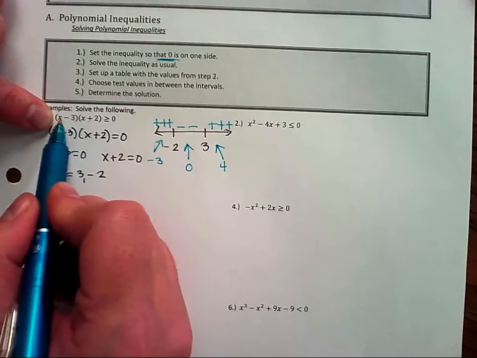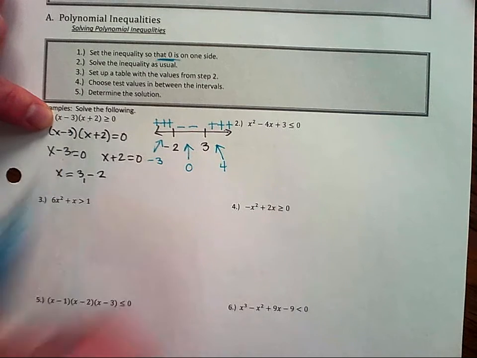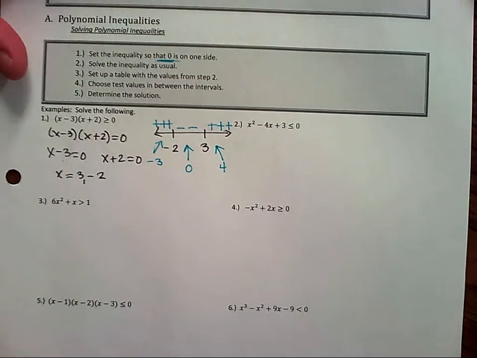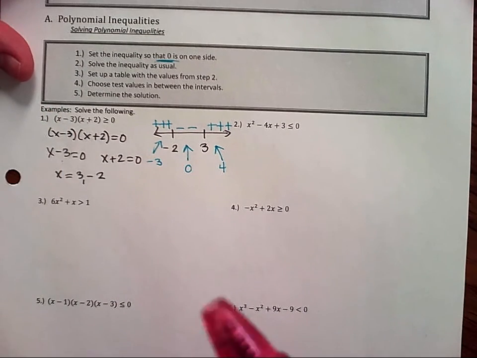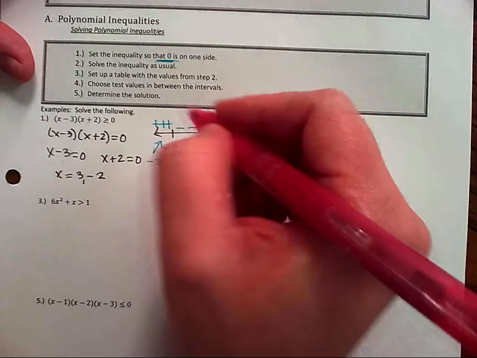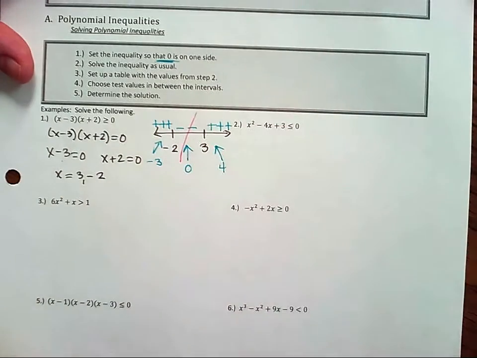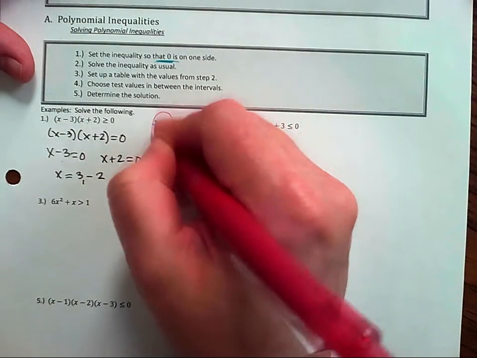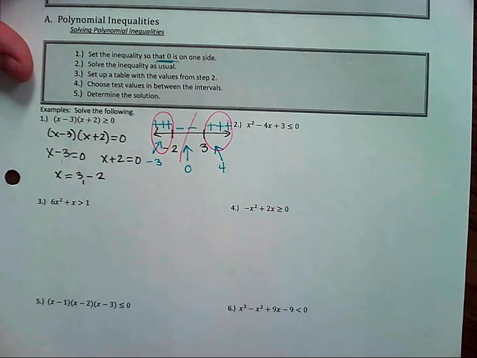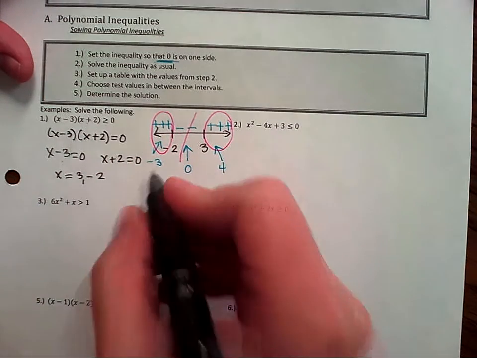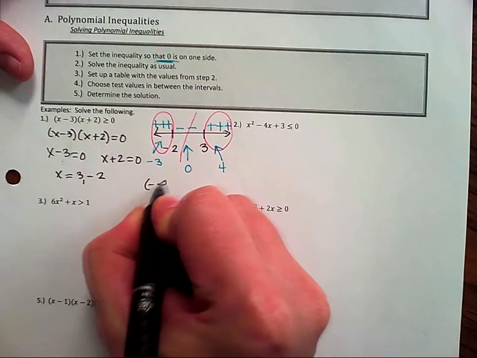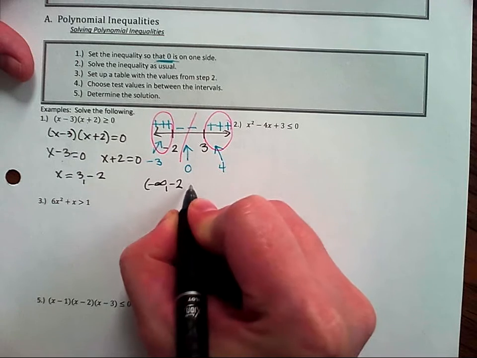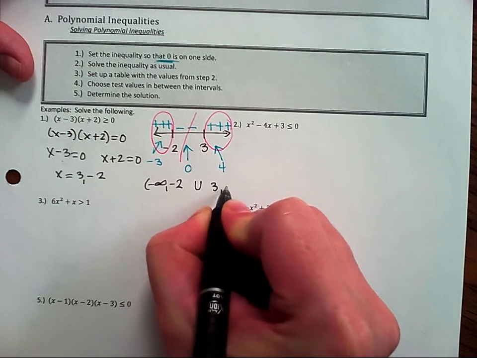Now I'm saying, okay, I want to know when this is greater than or equal to 0. So I want it to be positive, right? So I don't want this section because that's negative. I want these. So I need to write these two intervals. Negative infinity to negative 2, union 3 to infinity.